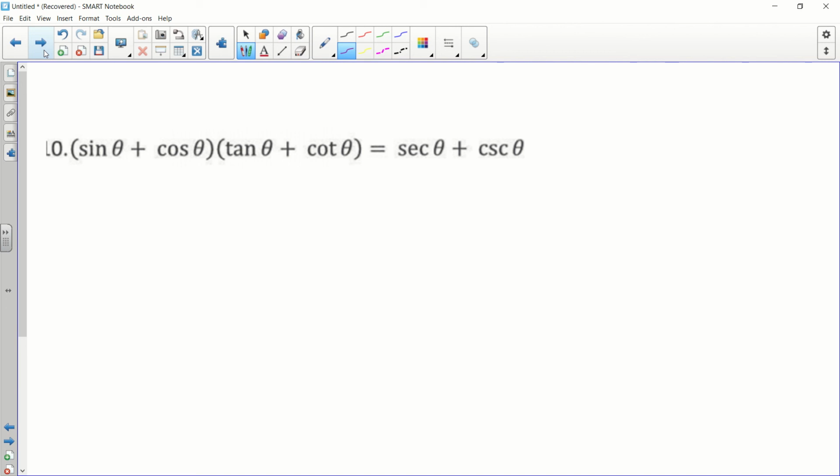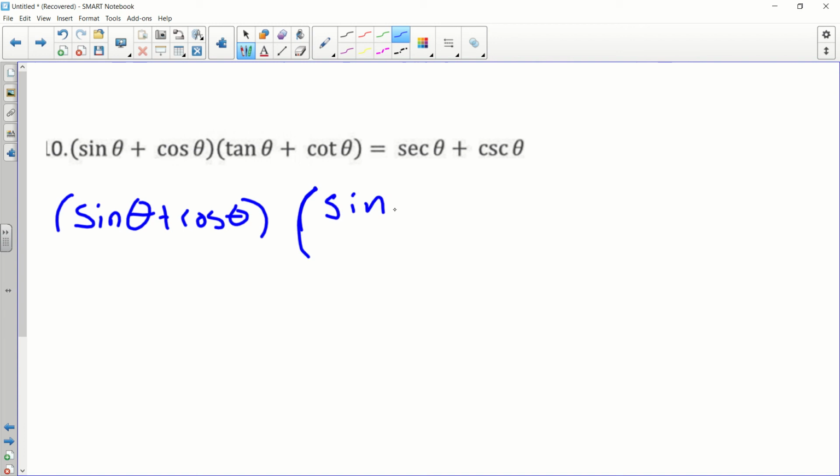I'm going to leave that alone. I'm going to work with the second one and convert, trying to get everything in terms of sine and cosine. And I'm going to put these two into terms of sine and cosine.